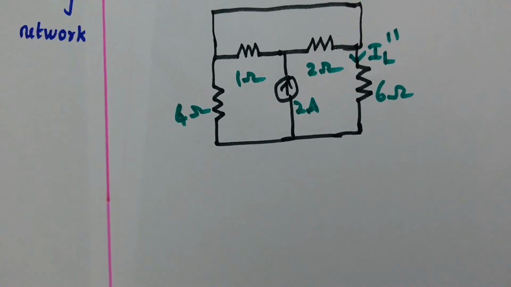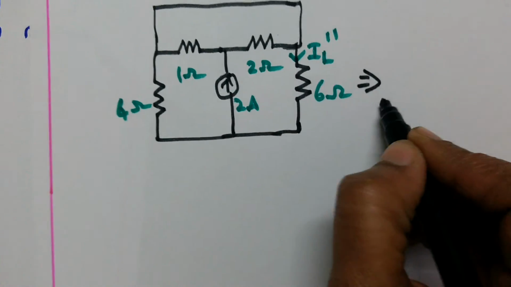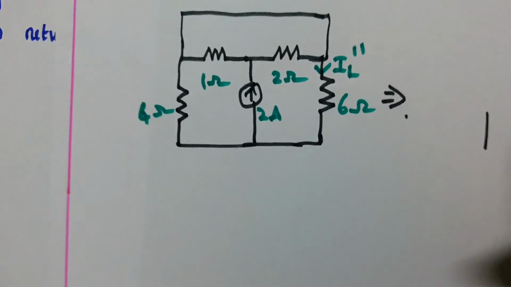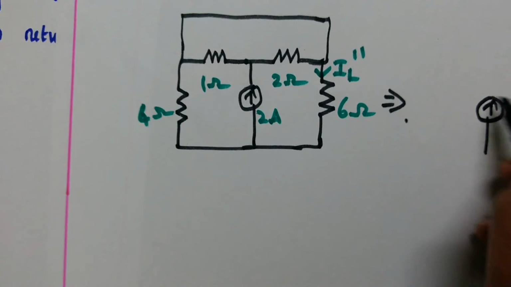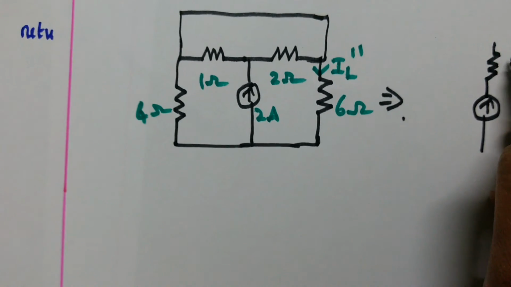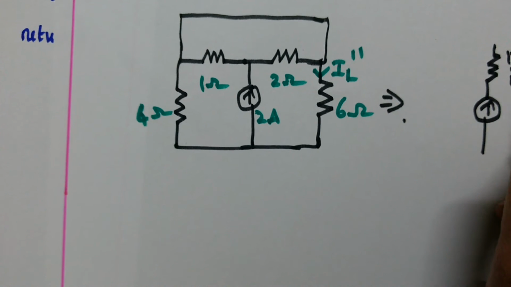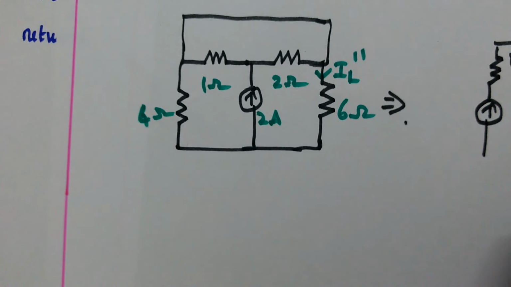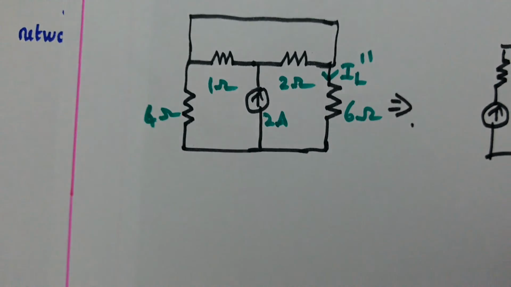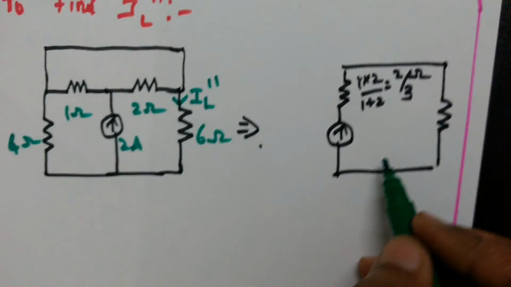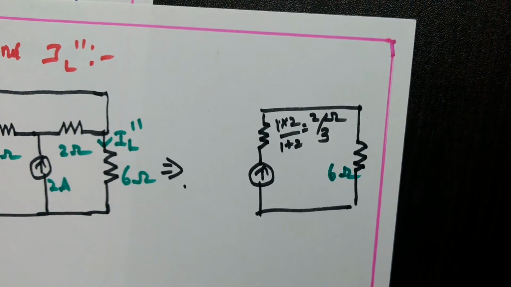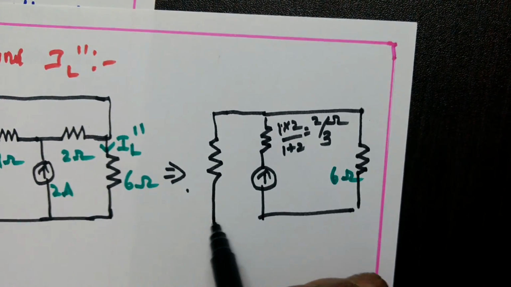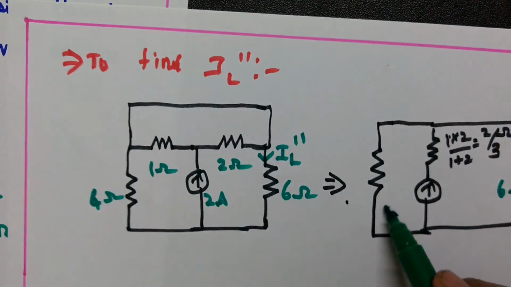So we can rearrange this circuit because it is short circuited. This 1 ohm and 2 ohms are in parallel. So it will become 1 into 2 by 1 plus 2, that is equal to 2 by 3 ohms, in parallel with 6 ohms here, and on this side 4 ohms.